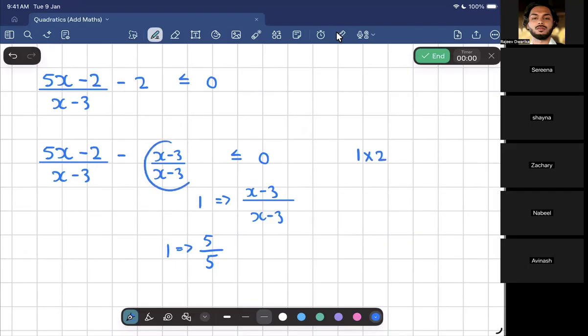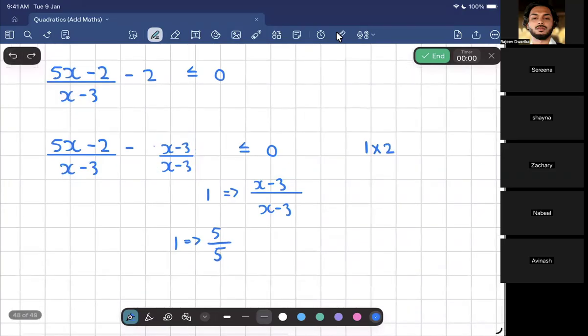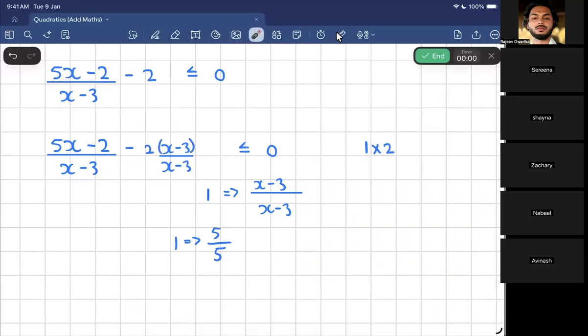So I'm going to write 2. And watch, this makes sense because if I cancel off the x minus 3 and the x minus 3, what would it leave me with? Just 2. So it would give me back the original thing. So I didn't change anything.